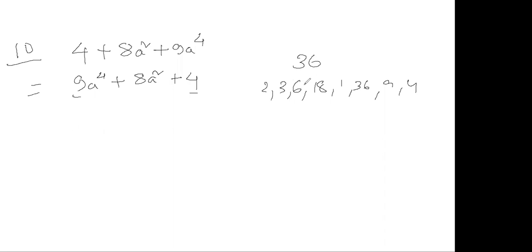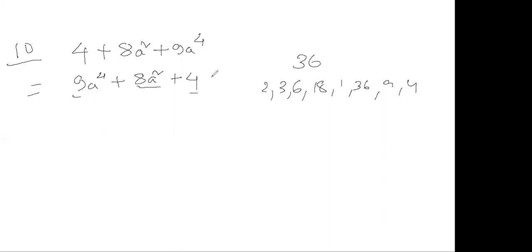For example, 6 into 6 is 36, but if you add them we do not get 8. Let's say 18 into 2 is 36, but if we add them it's 20. Again, 9 into 4 is 36, but if we add them it's 13. So we actually cannot find 8a square over here. So the general rule we cannot follow in this case.